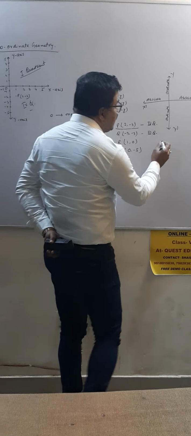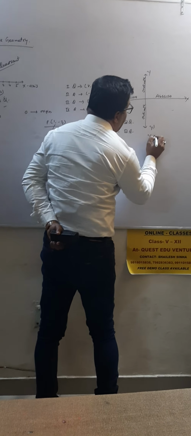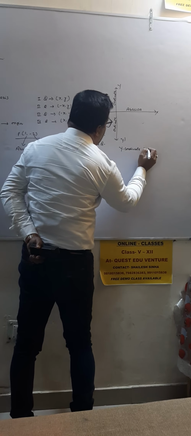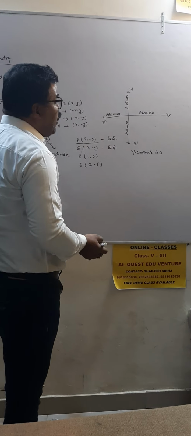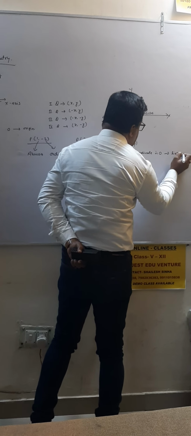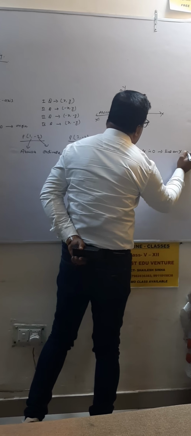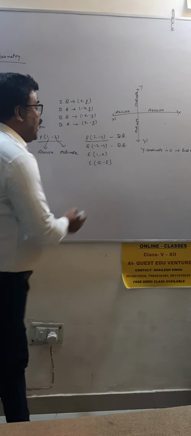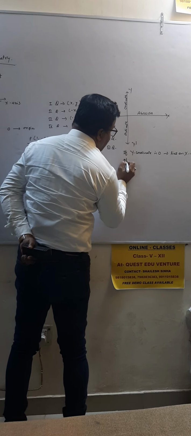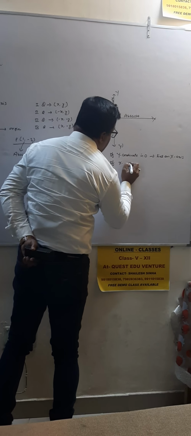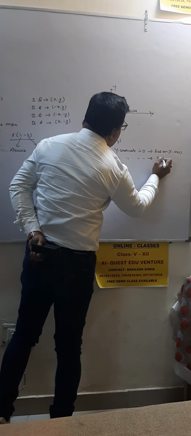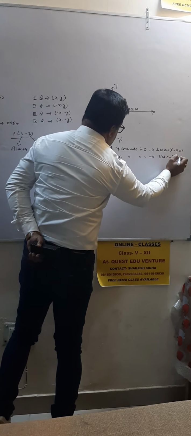If the y coordinate is 0, it lies on the x axis. And vice versa, if the x coordinate is 0, it lies on the y axis.